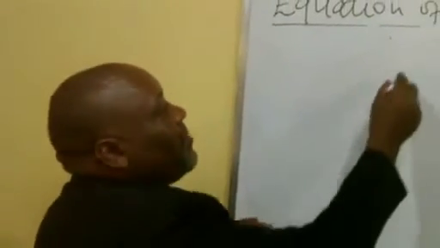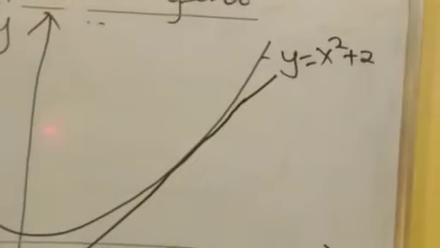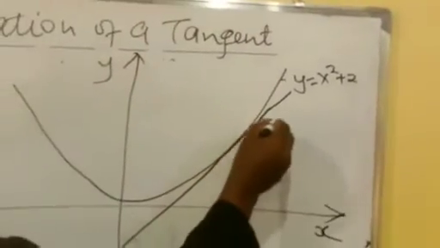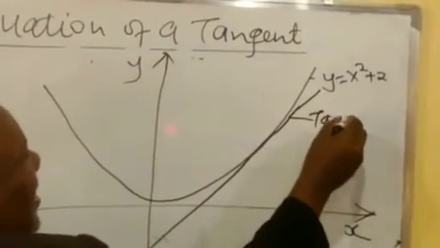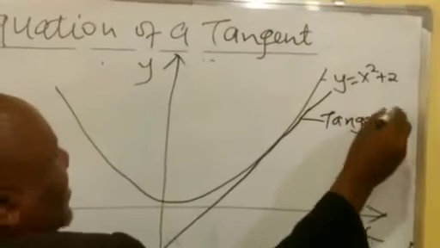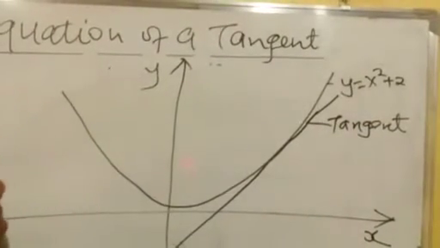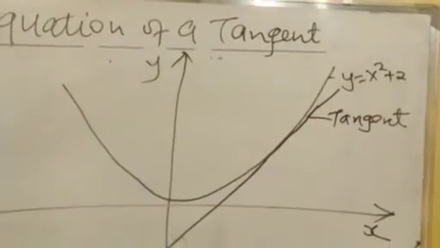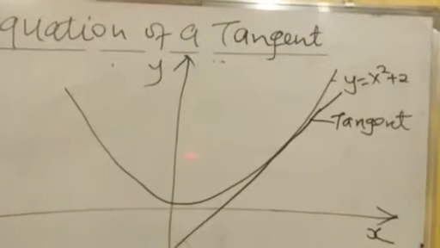It does not cut, but it touches the curve at any given point. This line is what we call a tangent, because it is a straight line that is just touching a given point.